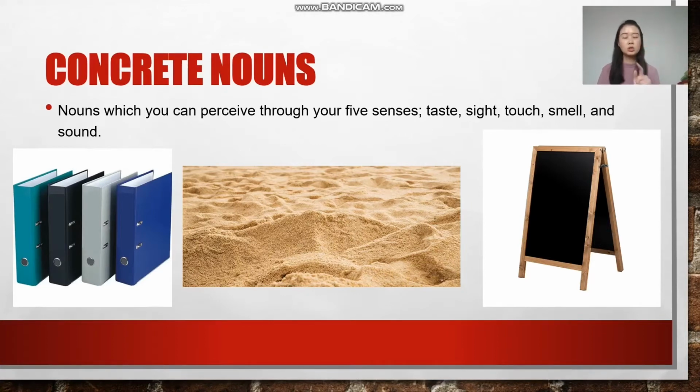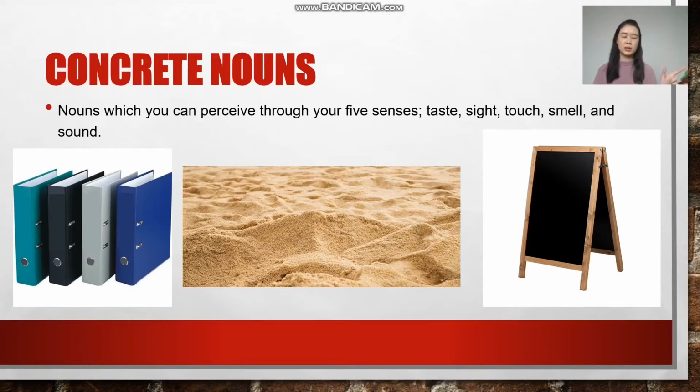So what do we have here in these examples? The first one, what are they called? They are called folders, right? Everyone knows the word folders. And what about the next picture? That is sand, right? Sand.